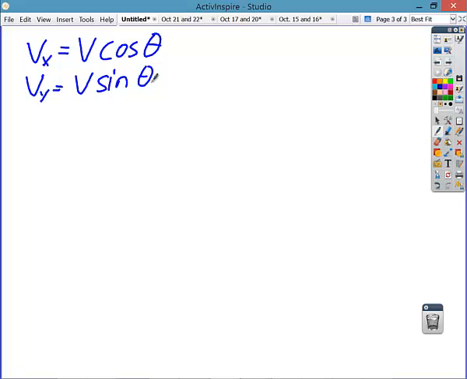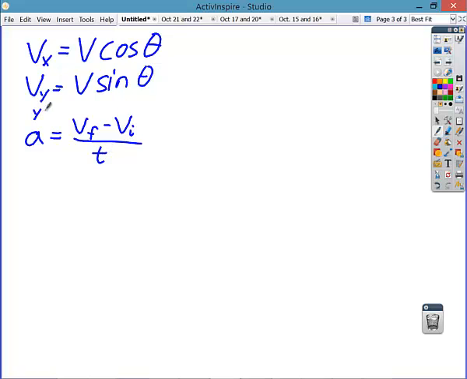For the y dimension, you also have this. Acceleration is going to be equal to v final minus v initial all over time. That's one equation. This is all in the y dimension.